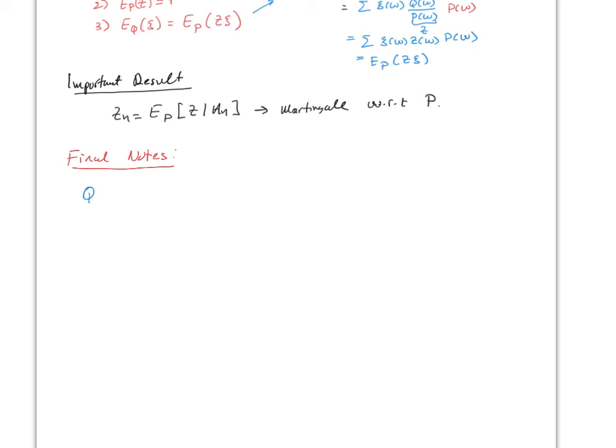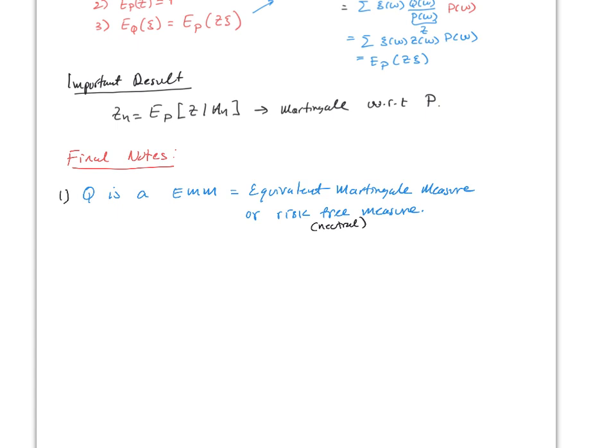Remember, Q is called a martingale measure, and actually it's called an EMM, which means equivalent martingale measure, or risk-free measure. You can say neutral instead of risk-free.